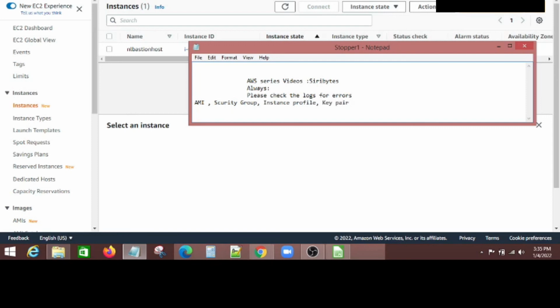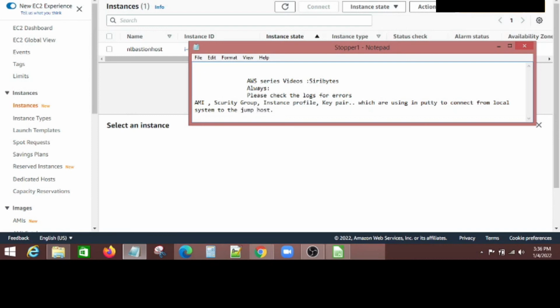The key pair is what you use in PuTTY to connect from the local system to the jump host.